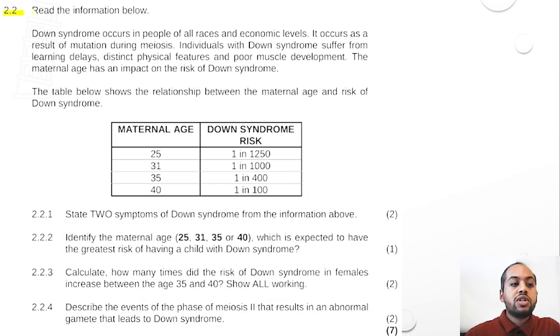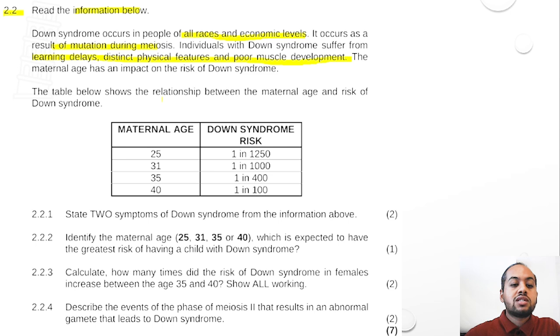The next question, 2.2, says read the information below. Down syndrome occurs in people of all races and economic levels. It occurs as a result of mutation during meiosis. Individuals with Down syndrome suffer from learning delays, distinct physical features, and poor muscle development. The maternal age has an impact on the risk of Down syndrome.